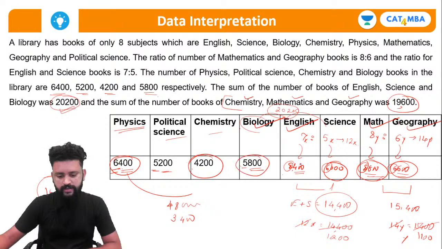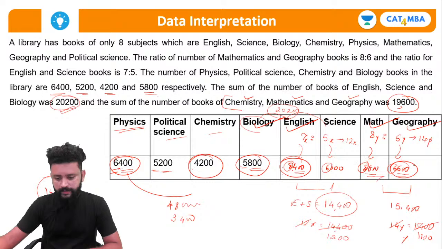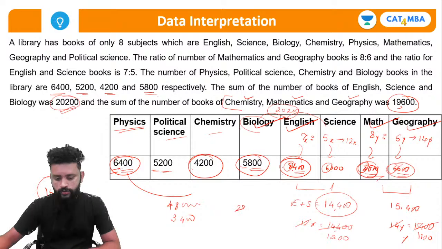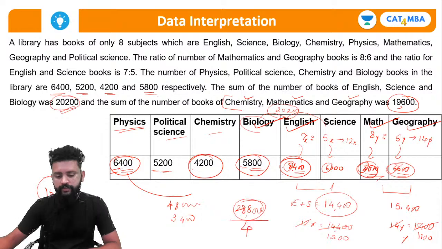So it is 5,800, 8,400, 6,600. So 5,000 plus 8,000, 13 plus 6, 19, sorry, 13 plus 8, 21, plus 6, 27, then 600 and 400, 28, 28,800, and we want to calculate the average of this.